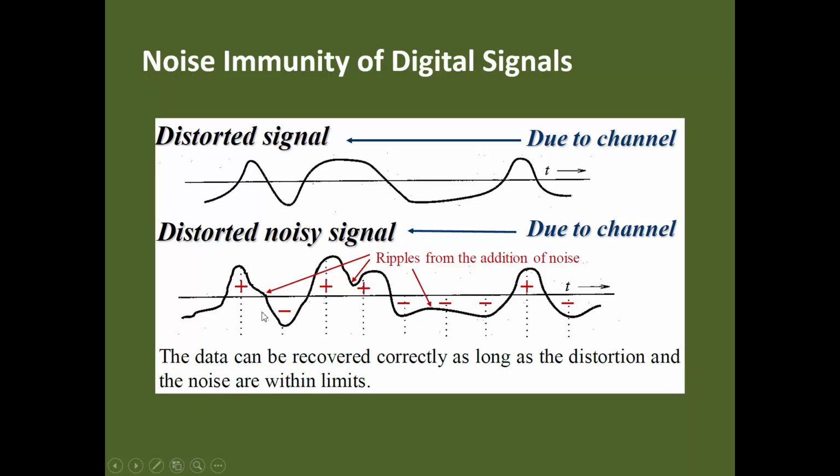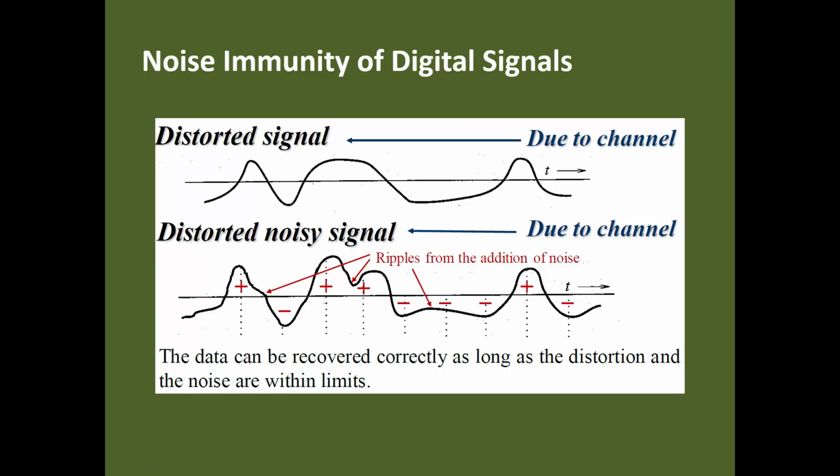If the noise is not very high, this positive voltage which was transmitted actually remains positive, so we can make an estimate that this is a positive voltage, and we can make a decision that this represents 1. This is also true for the negative side. If the negative voltage remains negative in spite of the noise and distortion present in the signal, then we can say that 0 was transmitted.